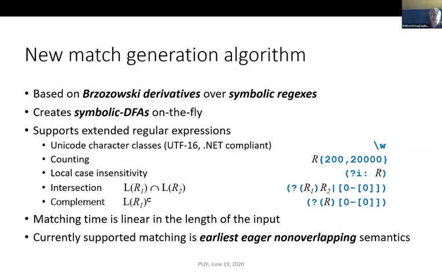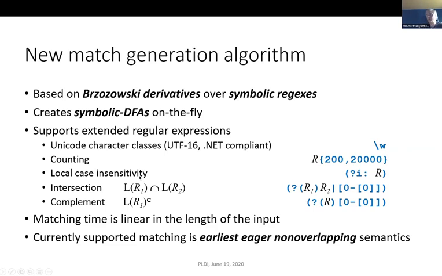What is kind of nice about this way of thinking about DFAs and regular expressions is that it works smoothly with other operations that usually are not supported in regular expressions, or at least not in known matching engines, and these are intersection and complement.